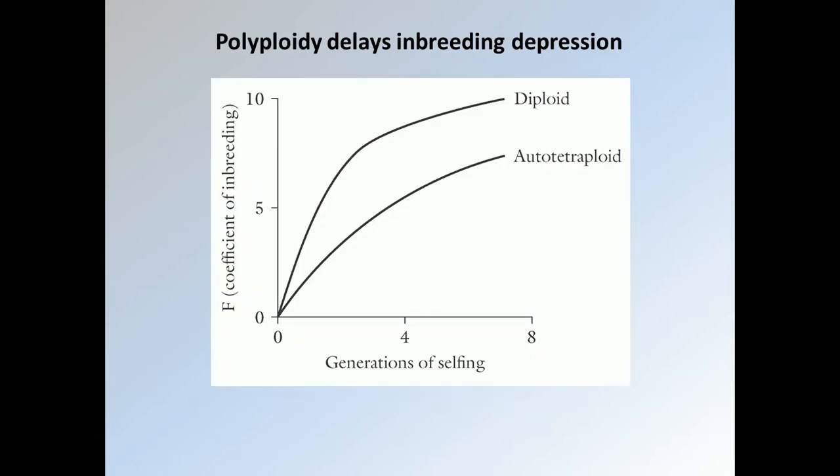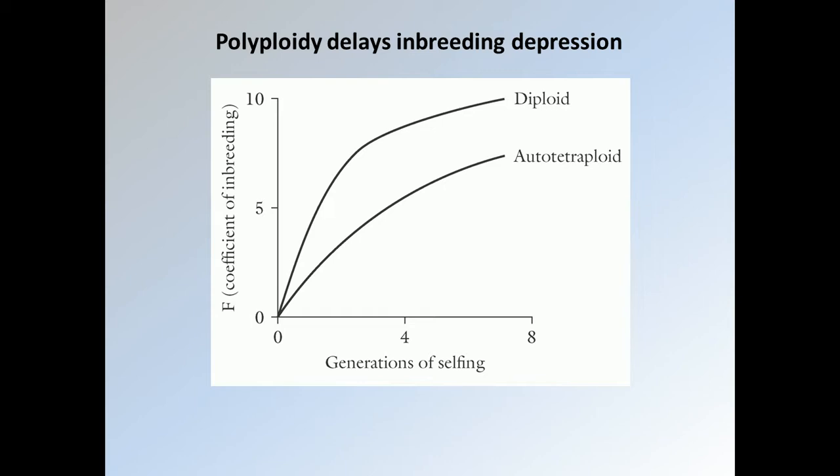Now let's look at another aspect, which is inbreeding depression. When you want to have a pure line, because this line has a certain trait, like, let's say, grain yield, you want this line to be homozygous, because you want it to be stable over generations, and you want to know that if you take the progeny of this line, you will still have the same trait.